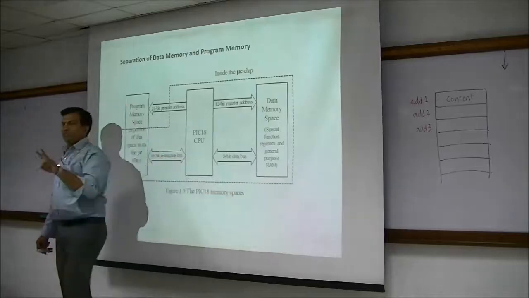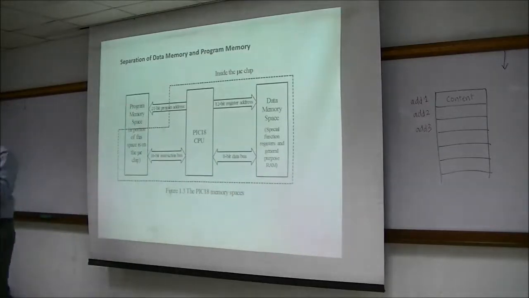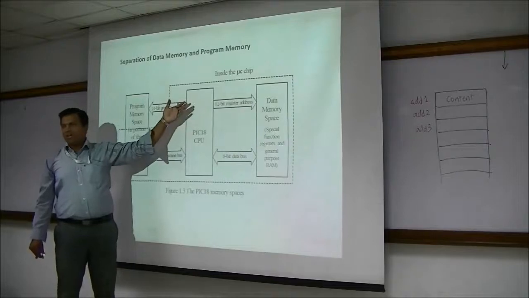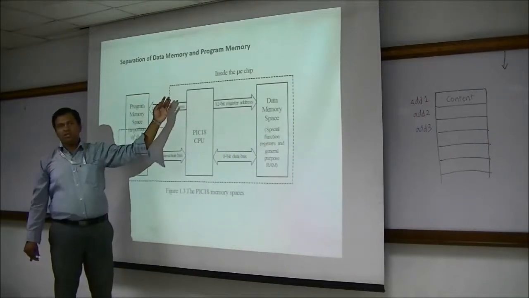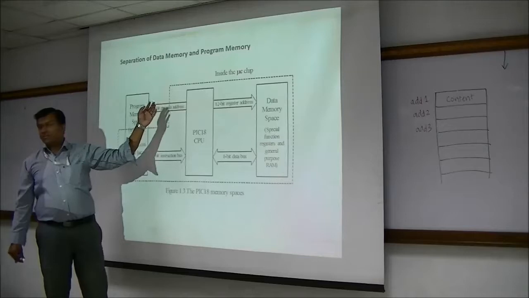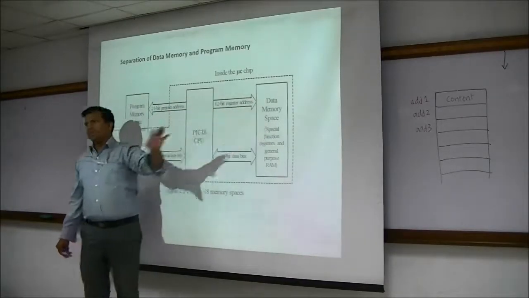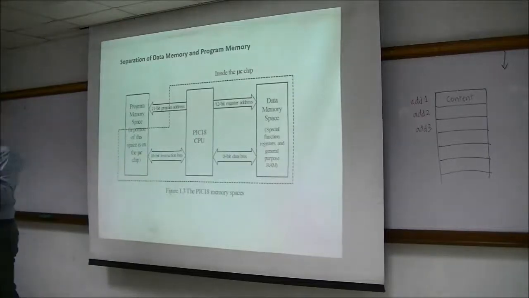So there are two phases in any task. First is instruction fetching. It fetches the instruction from here, decodes it, and decides what to do. The action part is known as execution. That means it executes a particular task. The task could be anything like addition, subtraction, moving or whatever.